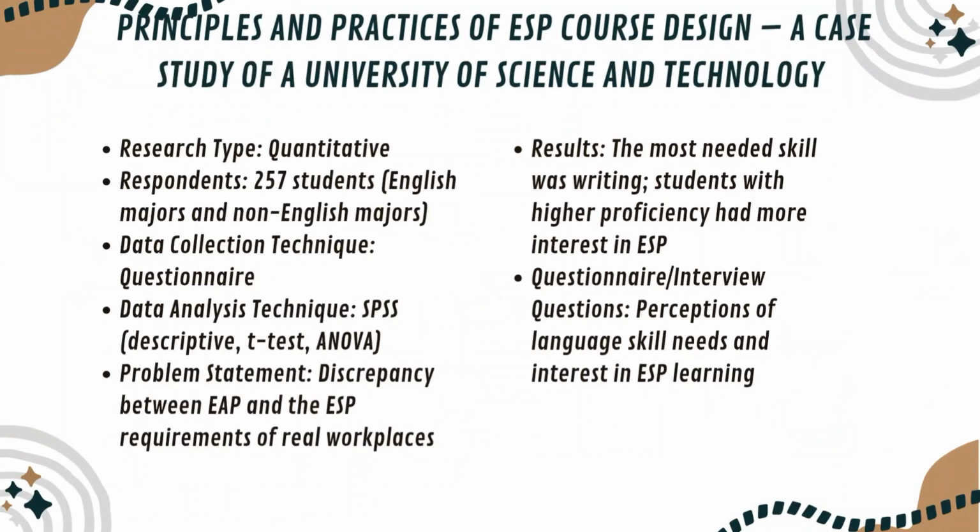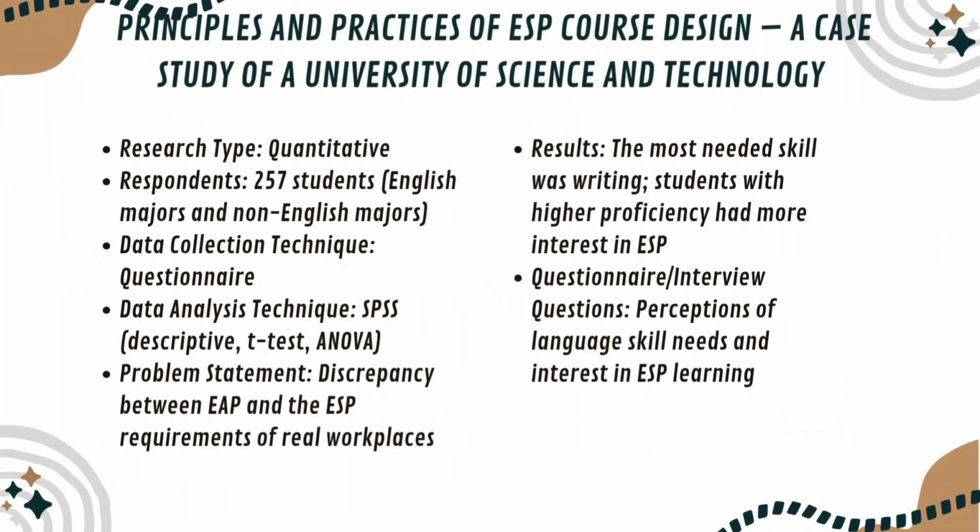In the article Principles and Practice of ESP Course Design: A Case Study of a University of Science and Technology. Research type: quantitative. Respondents: 257 students, English majors and non-English majors. Data collection technique: questionnaire, and data analysis technique: SPSS, descriptive statistics, t-test, and ANOVA.